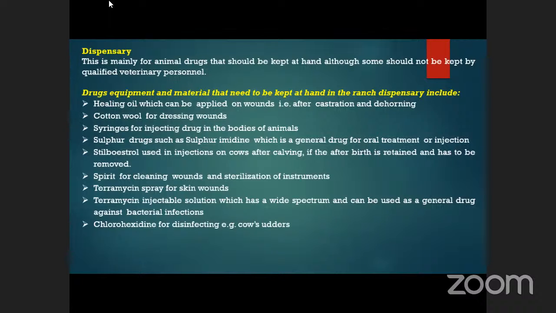The ranch dispensary includes healing oil, which can be applied on wounds, and then cotton wool for the wound of the animal.